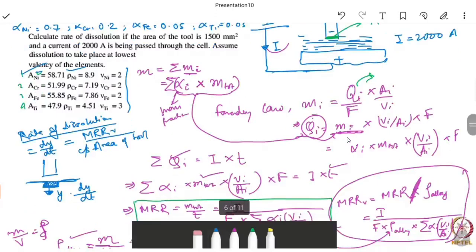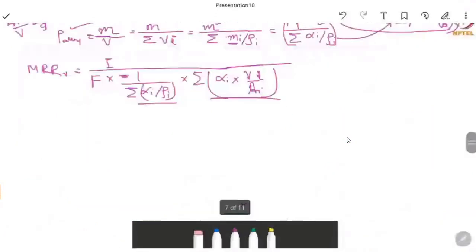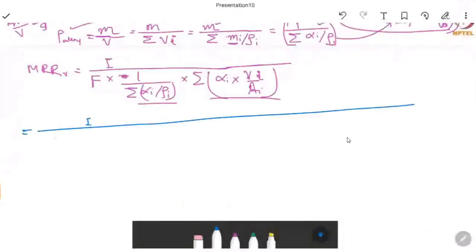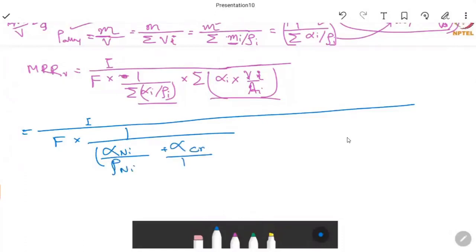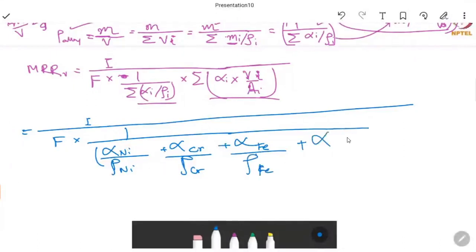I'm just writing the entire statement here. Alpha nickel by rho nickel plus alpha chromium by rho chromium plus alpha iron by rho of iron plus alpha titanium by rho of titanium.